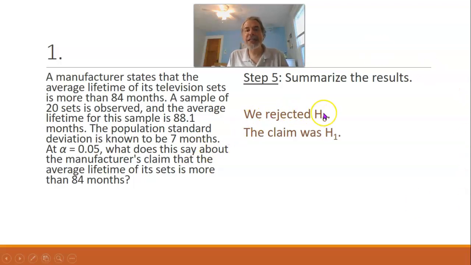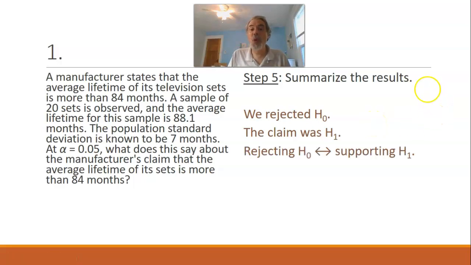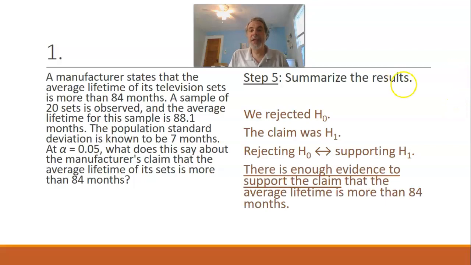So rejecting the null means supporting the alternative. So if we rejected the null hypothesis, there was enough evidence to support the claim. So I would summarize my results like this. There is enough evidence to support the claim that the average lifetime is more than 84 months.